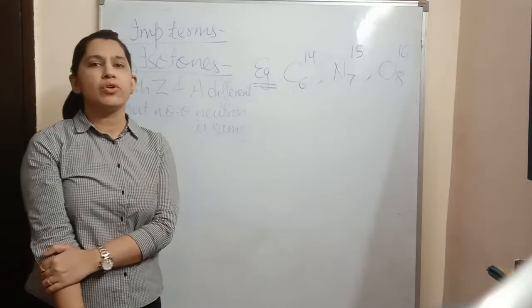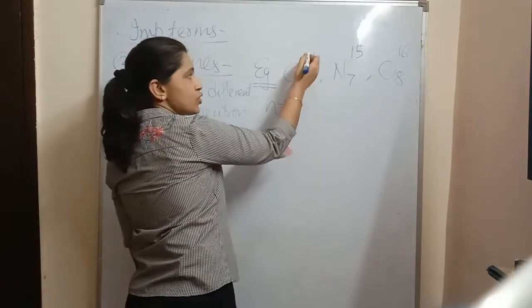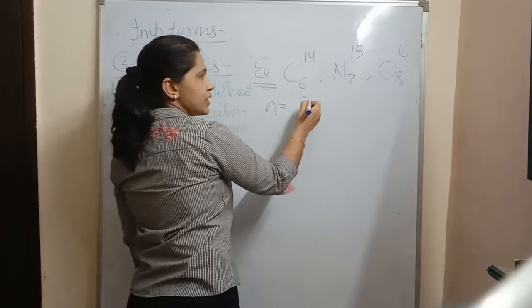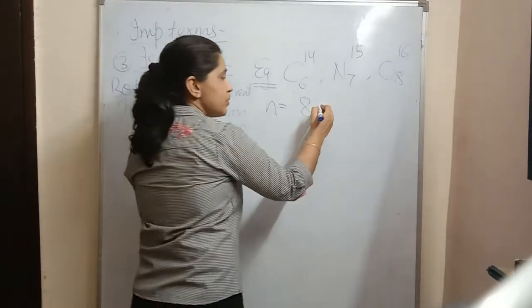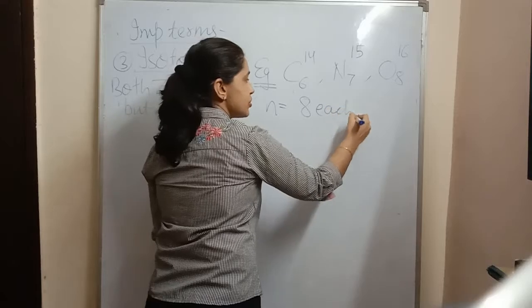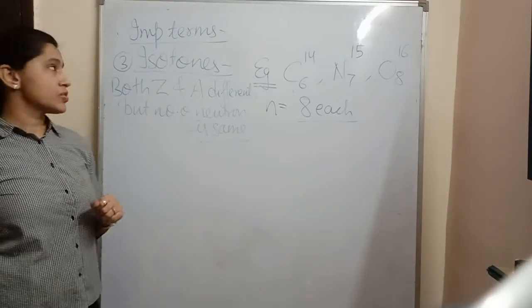What is common in all? They all have the same number of neutrons. How many neutrons? 14 minus 6, 8. 15 minus 7, 8. 16 minus 8, 8. That means 8 each. So same neutrons, they are called isotones.